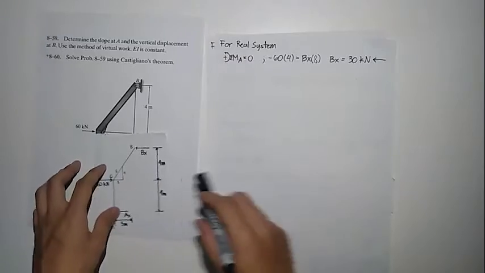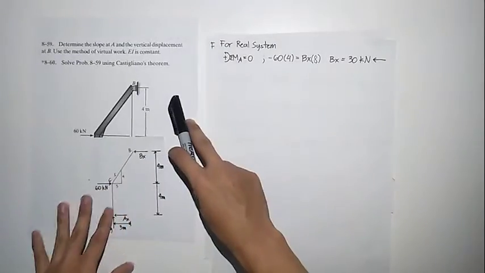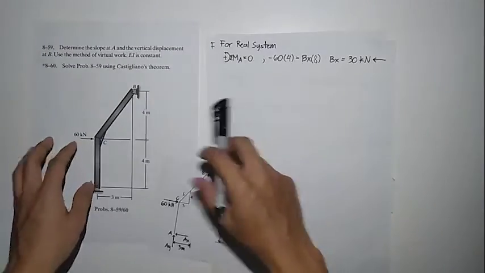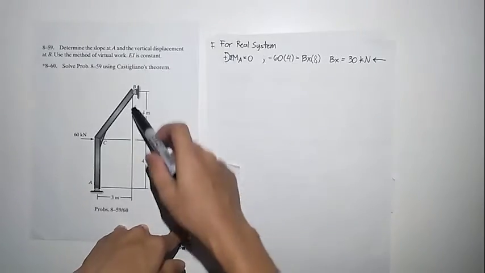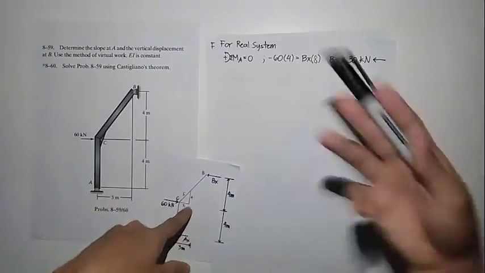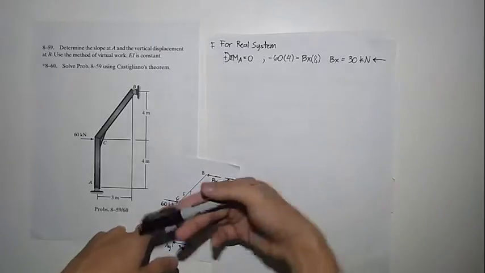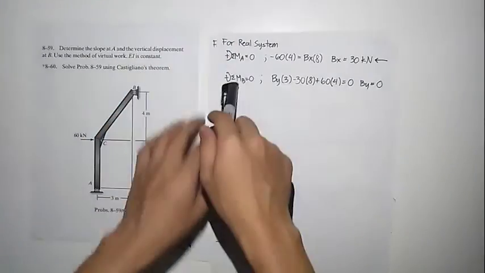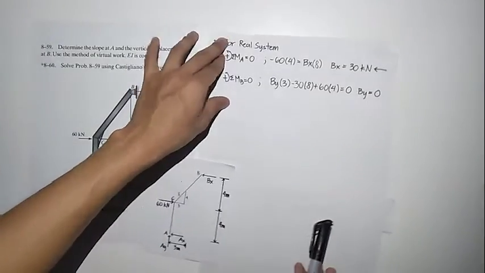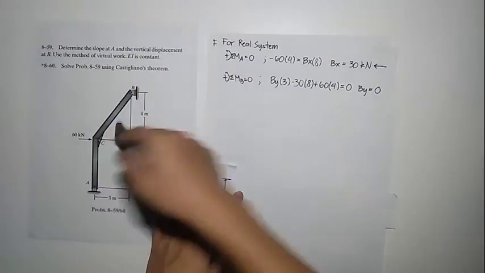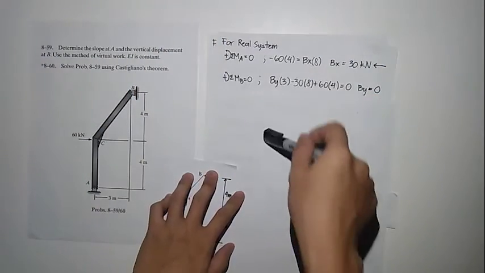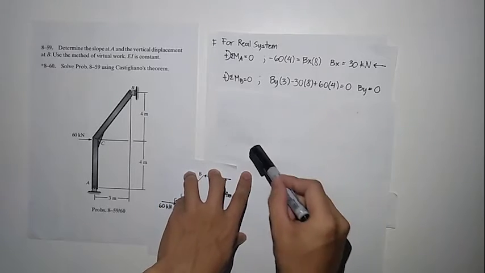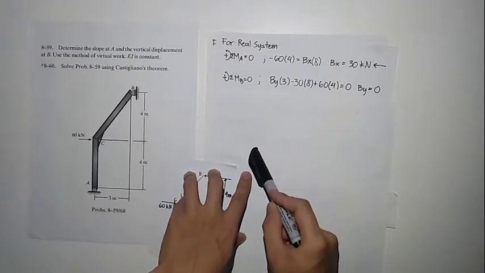Susunod po ay hahanapin natin ang BY. Pero evident na po dito sa figure na walang forces po na vertical, nasa horizontal lang. So, automatic po yan maging 0, pero ipapakita ko pa rin po paano nasolve ang 0. Mag-moment po tayo at B where BY is equals to 3, kasi yung sa 5, 4, 3 the component method po.